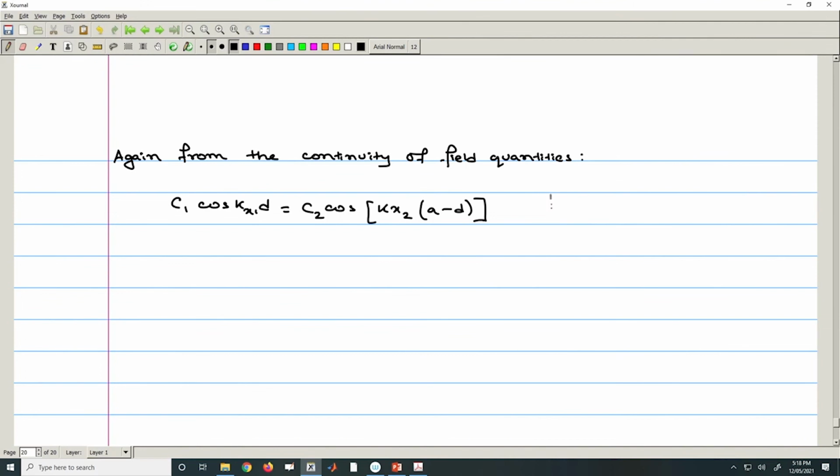Okay. So, this is at x equals to d, fine. So, this one again we are getting from the continuity of field quantities.